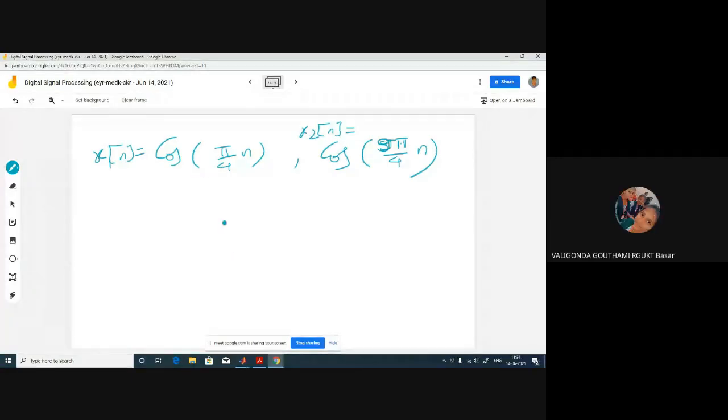Both have the same period. Forget about period, that's good. Both have the same period. Can I say these two are identical for all integer n? Are they identical?